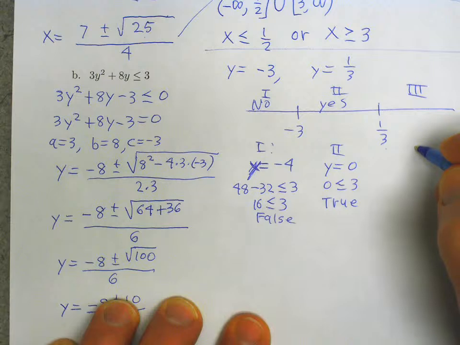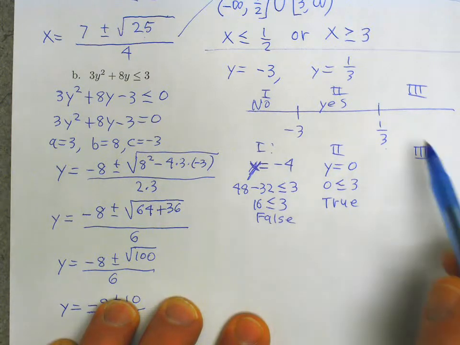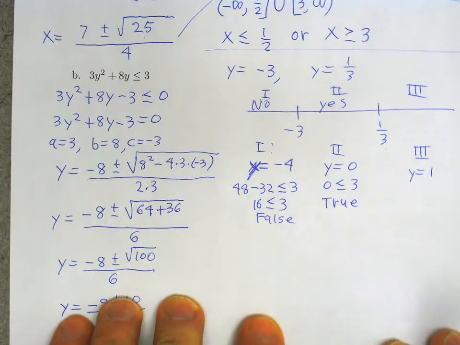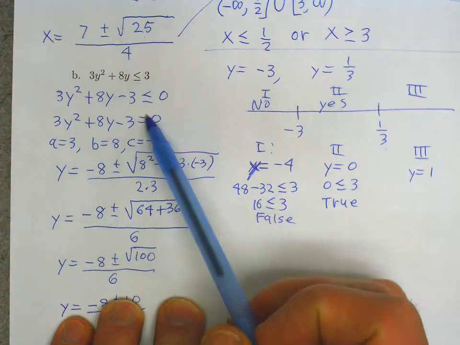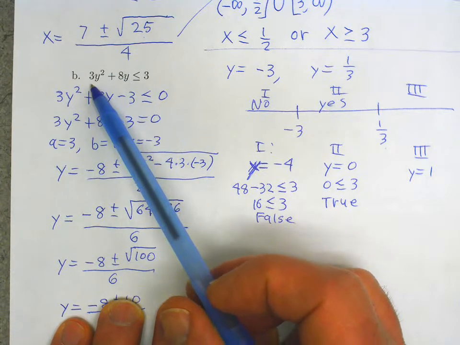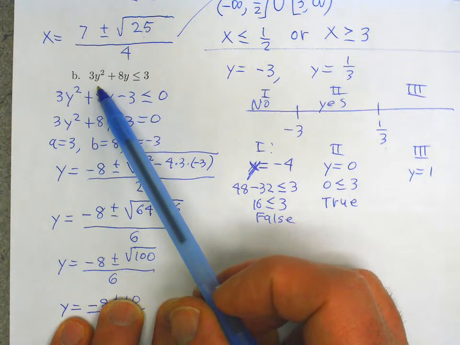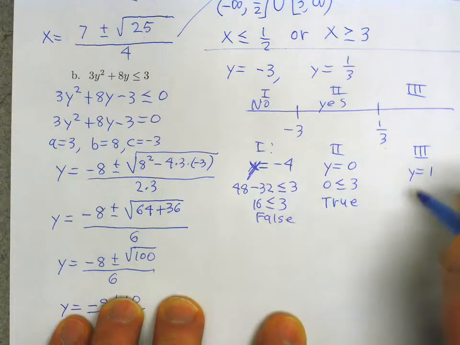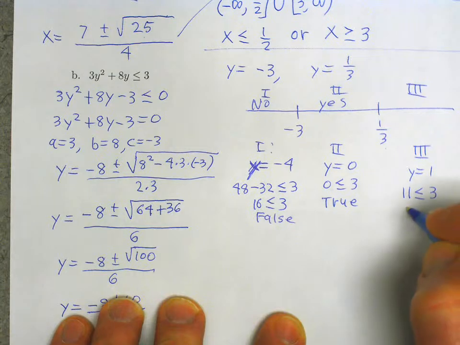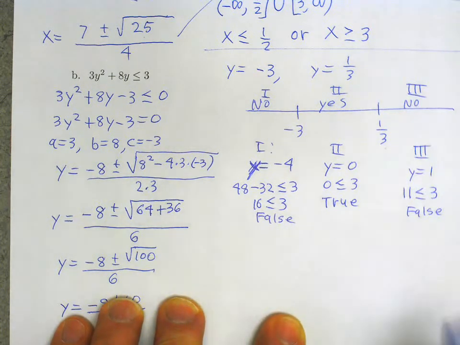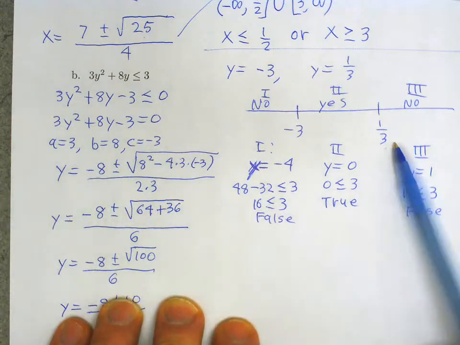Then in the third interval, 1 is in this interval, so I'll pick y to be 1. Use either inequality. I'll use the top one again. Replace y with 1. 3 times 1 squared is 3, plus 8 times 1 is plus 8. 3 plus 8 is 11. And 11 less than or equal to 3, that's false. So none of the numbers greater than 1/3 are solutions.